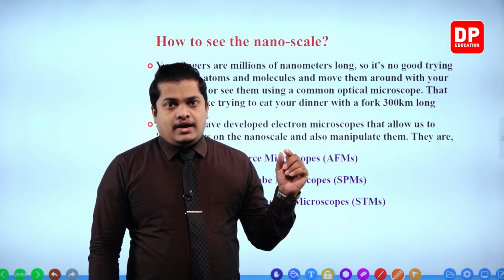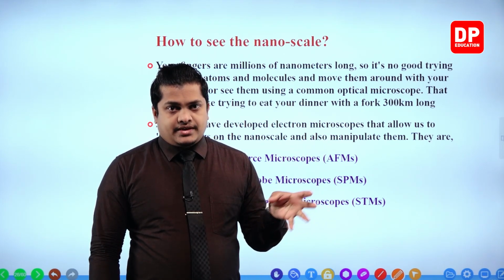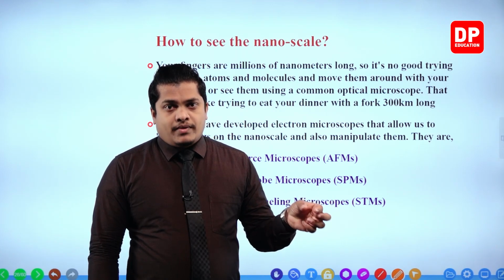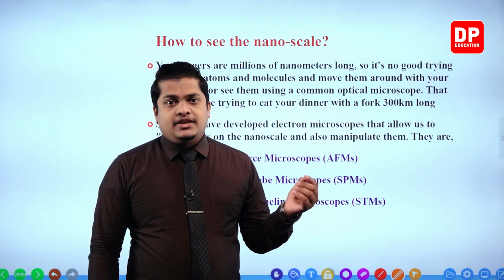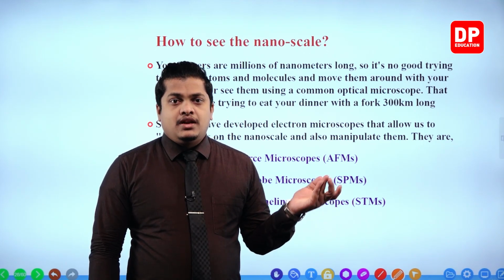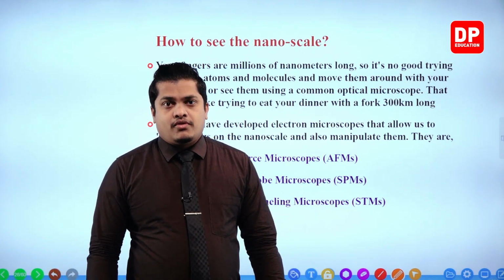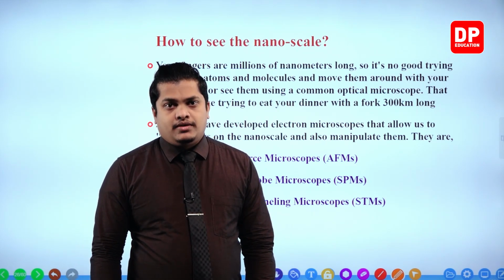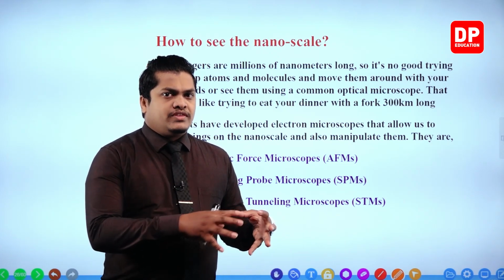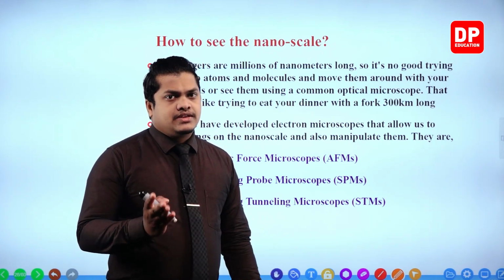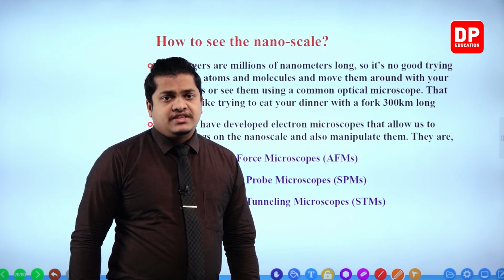Okay, so my dear children, now let's take a nanoparticle. Manipulating a nanoparticle with your bare hand is like eating your dinner or any other meal with a 300 kilometer fork. It's not possible at all. So in order to manipulate these things, to move nanoparticles here and there, first of all, we have to observe them.